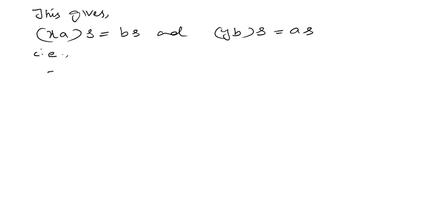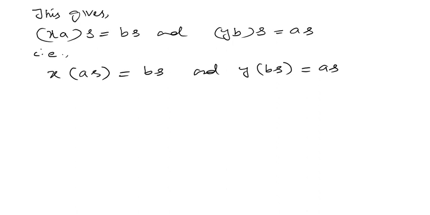That is, xas is equal to bs and ybs is equal to as. So for the elements as and bs, we have elements x and y in S1 such that xas is equal to bs and ybs is equal to as. So by definition it follows that as, bs belongs to L.